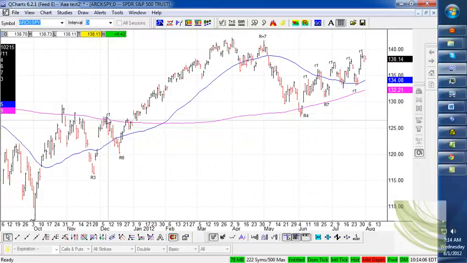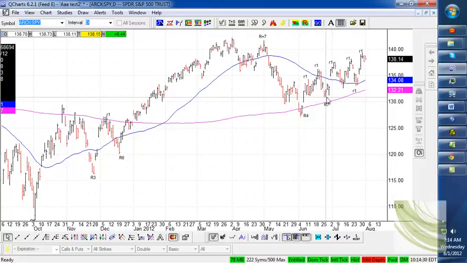In other words, if this here is an R1, then you're looking for something that lasts several days. In this case it is nicely reversed by an R6. So here you had an R1, R1, and here you had an R7.